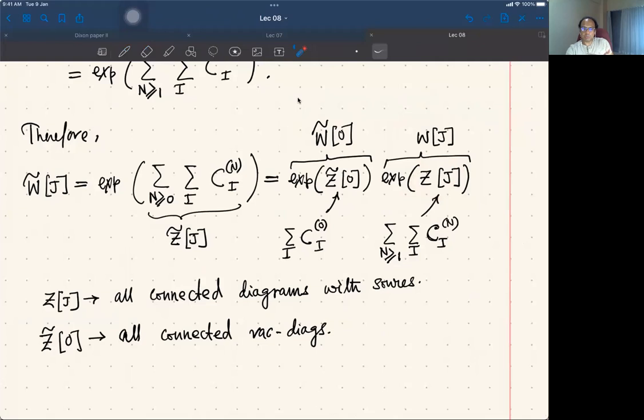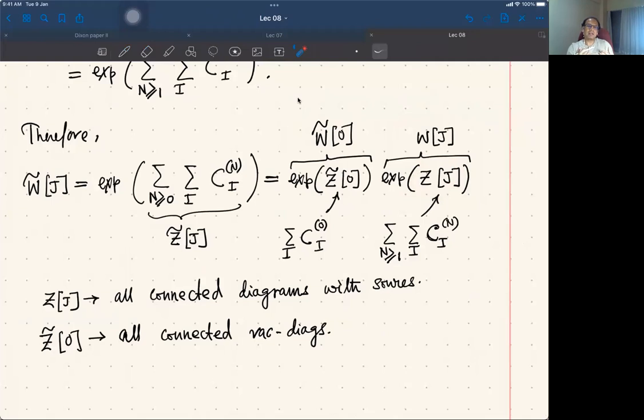So that's a mismatch. We should use the total action, and that changes the vacuum structure. If you remember, the path integral of e to the power i by h bar S is basically the vacuum wave functional. So we are taking the wrong vacuum wave functional while defining W tilde, and that has to be balanced.